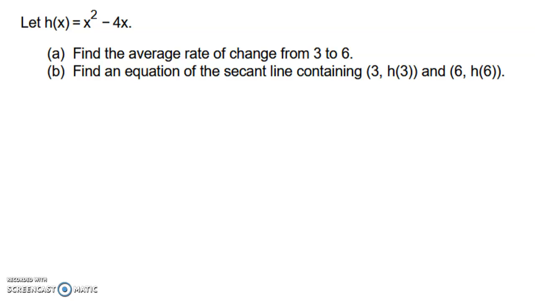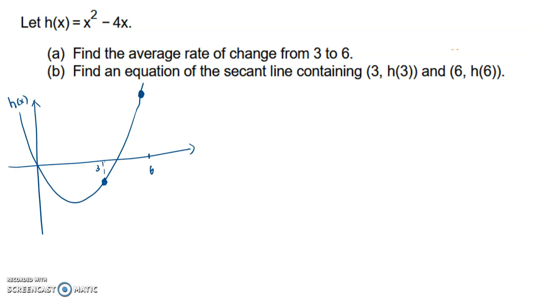Knowing what the definition of average rate of change is, let's do a problem related to it. So we're given a function h of x, and in part a we want to find the average rate of change from 3 to 6. Okay, let's say this is the graph of the function h of x, and this point will be 3.